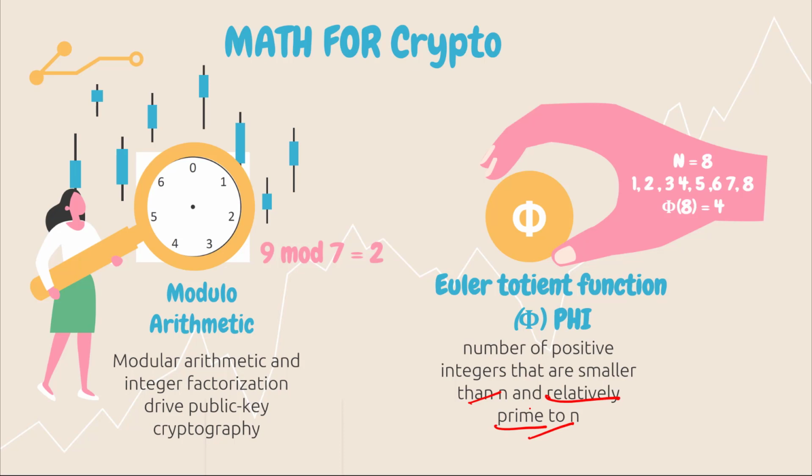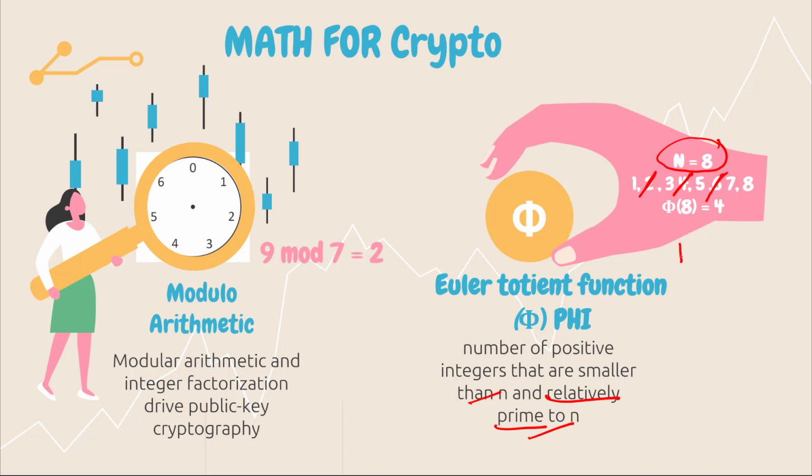So let's say I have a number n, which is 8. I need to find out how many numbers smaller than 8 are relatively prime to 8. So I write 1, 2, 3, 4, 5, 6, 7, 8. 2 is not relatively prime because it shares a common factor with 8. 4 is not, because it shares a factor with 8.